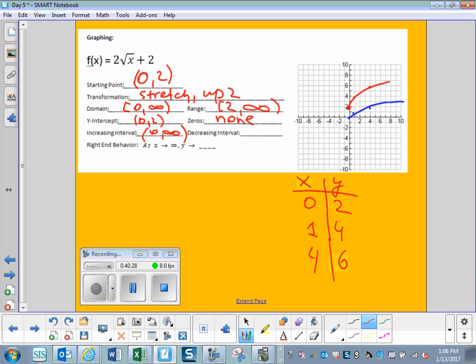This mistake is so common. Decreasing interval? None. The function always increases. End behavior: what happens to y as x goes all the way to infinity? It approaches infinity, right? The function is increasing all the way, so it goes to infinity. Questions about this?